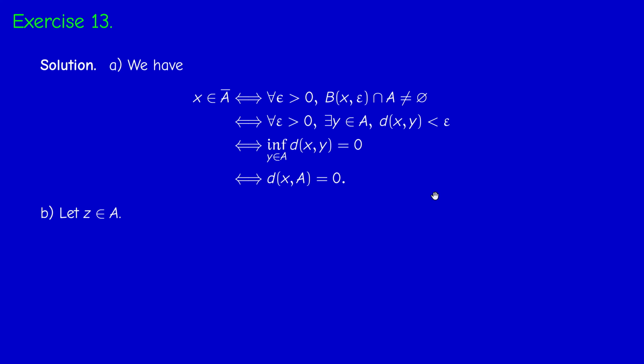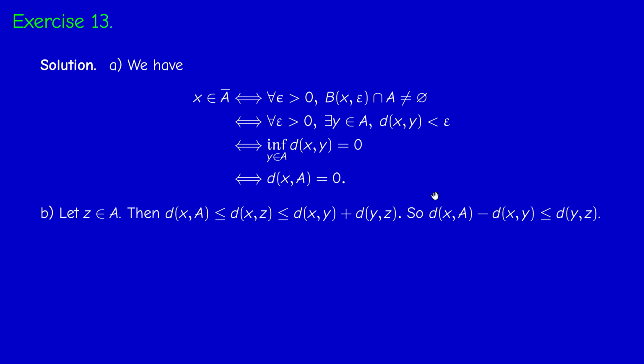Second question. Pick an arbitrary point z in A. Since d(x,A) is the lower bound of the set of d(x,y), y in A, in particular d(x,A) is less than or equal to d(x,z). By the triangle inequality, d(x,z) is less than or equal to the distance from x to y plus the distance from y to z.